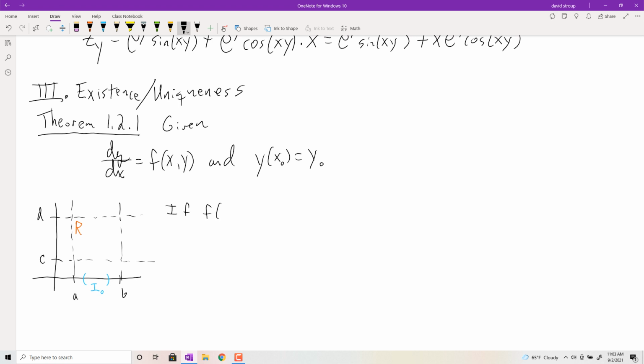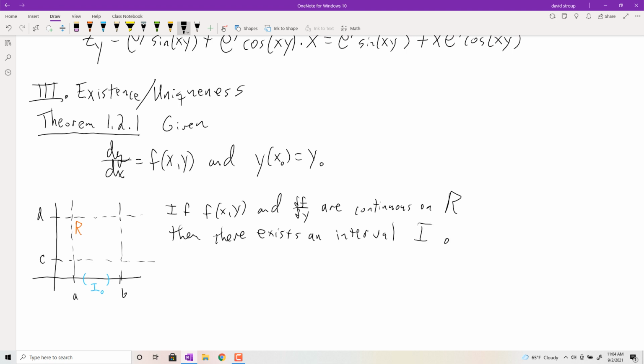If we have this f of x, y, this differential equation, and the partial of that thing with respect to y, if those things are continuous on that box, then there will exist a unique, well, there exists an interval, interval I sub 0, and a unique function y of x on this I sub 0 that is a solution to the IVP.